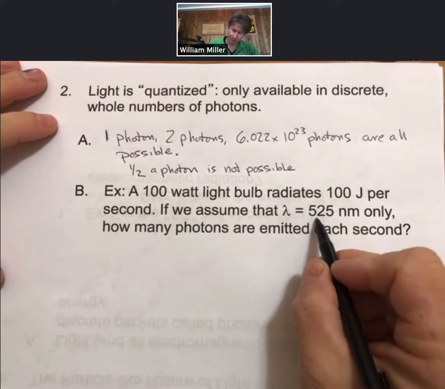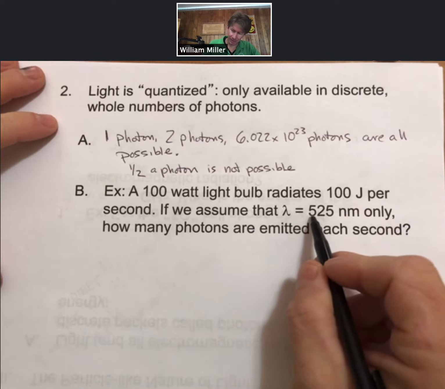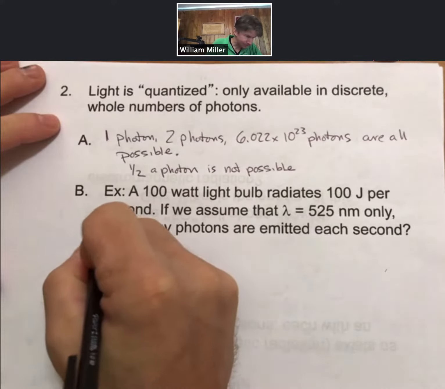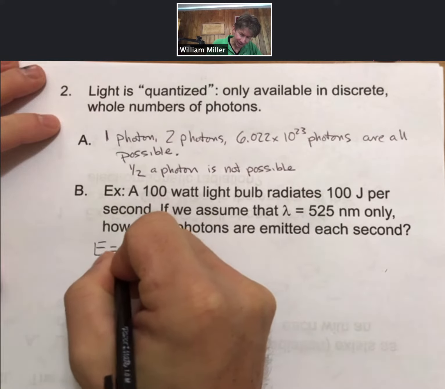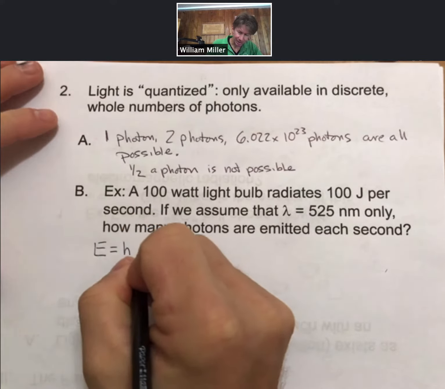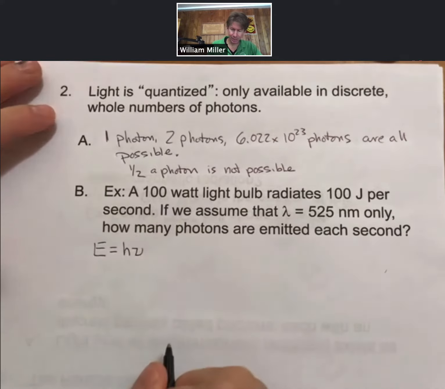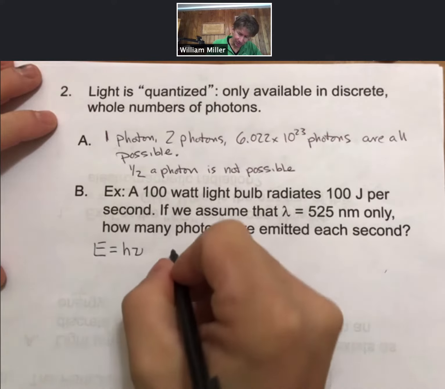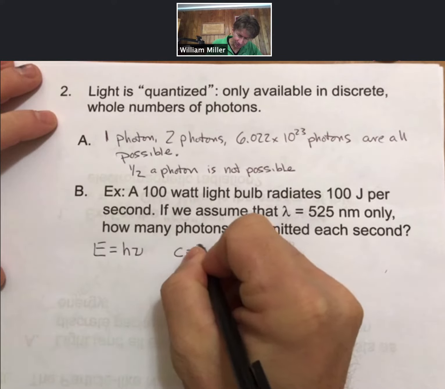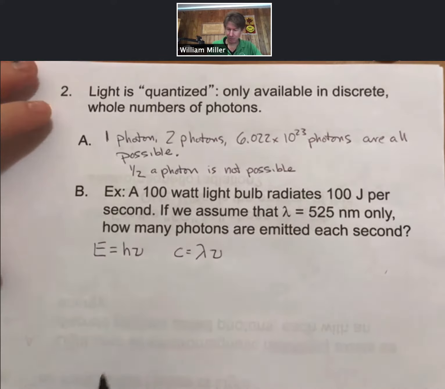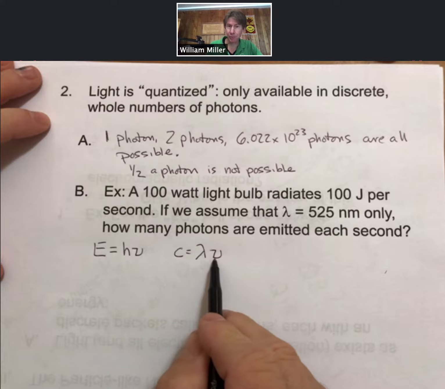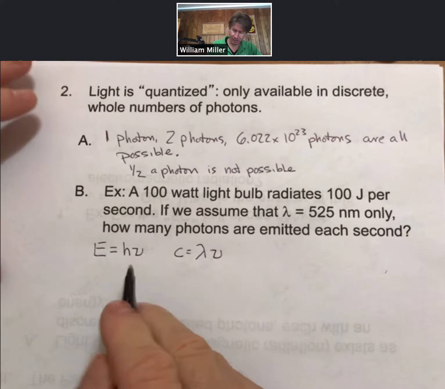So we've already talked about how if you have a specific wavelength, you can find energy. E equals h times frequency. And we have that c equals wavelength times frequency. Since we have wavelength, we're going to solve this equation for frequency, and then plug into the energy equation.